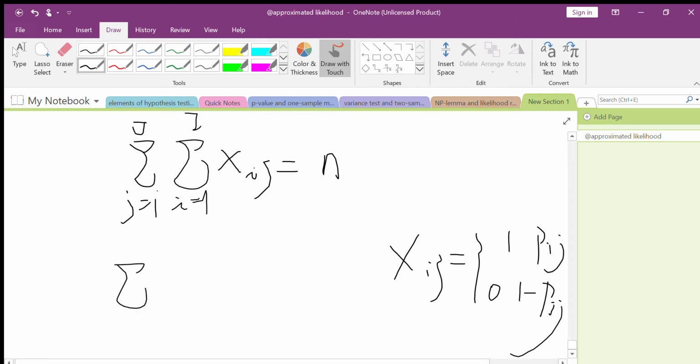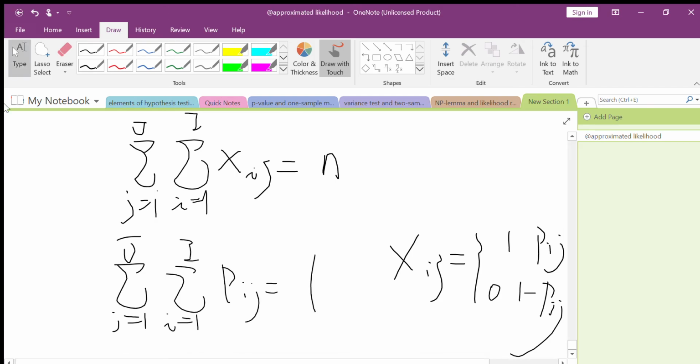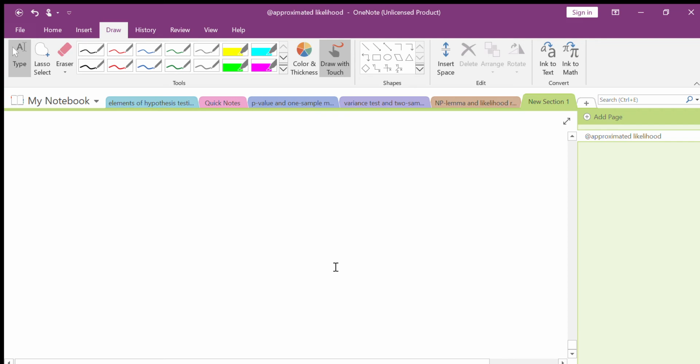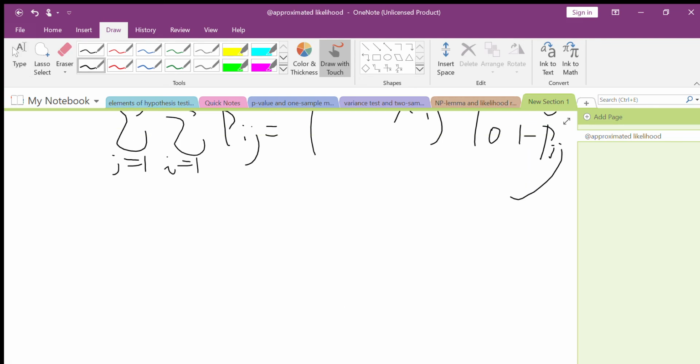Another constraint is that the sum over j from 1 to capital J and i from 1 to capital I of Pij is 1. Like for the independence test, the data generation process is the same, but our hypothesis of interest is like this.